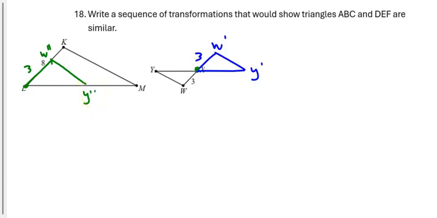And then my last step would be to dilate the shape. That would be the green shape here, L, W double prime, Y double prime, by a scale factor of 8/3. So using these two numbers here, the shapes would be the same.